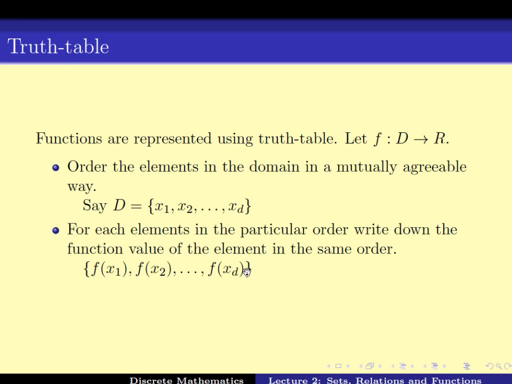Similarly, maybe the 10th element here is the mapping of x10. This particular description of f, by giving you f of x in a predetermined order, is called the truth table. Thus, the size of the truth table is always equal to the size of the domain.